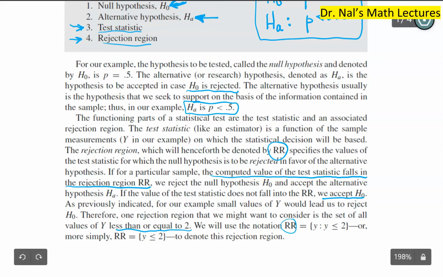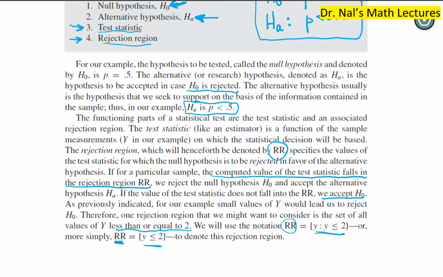We will use the notation rejection region is this, or more simply RR is y less than or equal to 2, to denote the rejection region. Now let me repeat, y here is the test statistic, namely the number of people in the sample who support Jones. All right, that's our test statistic. The rejection region is for that test statistic to be small, like 2, for instance.